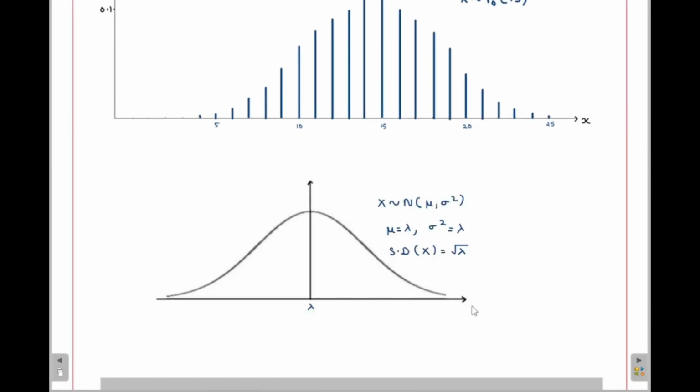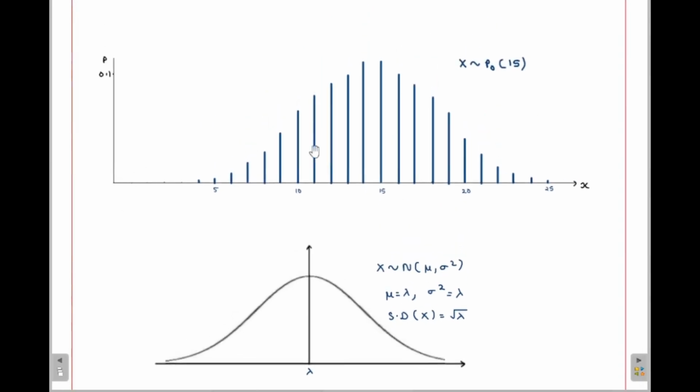Because a normal distribution curve is also a bell-shaped curve, correct? So we can easily say that if lambda is greater than 15, then the Poisson distribution can be approximated by a normal distribution. For a Poisson distribution, the parameter is lambda, and the mean as well as the variance are both equal to lambda. So for approximation using the normal distribution, the mean will be equal to lambda and the variance will also be equal to lambda.